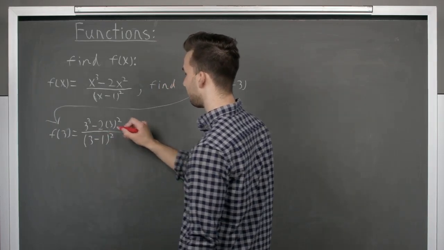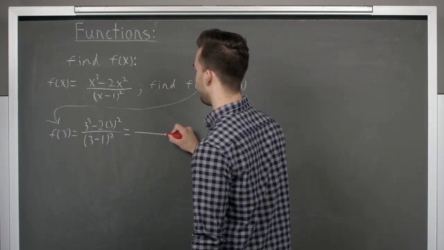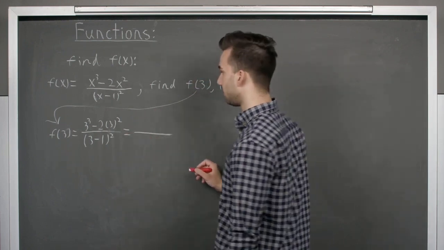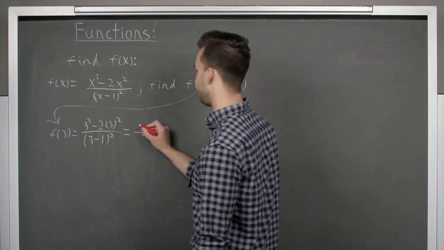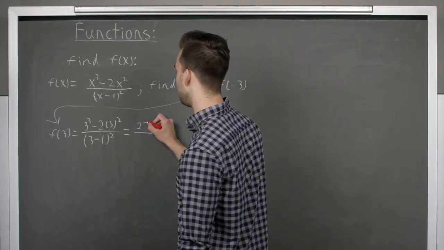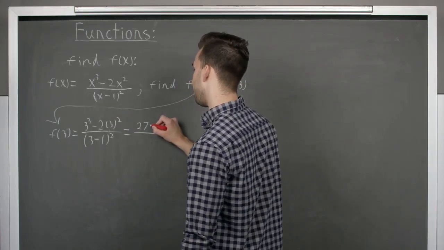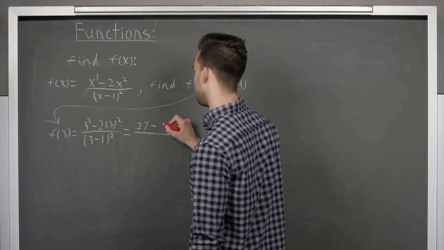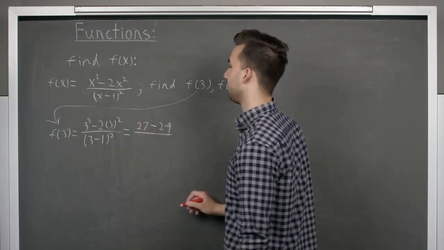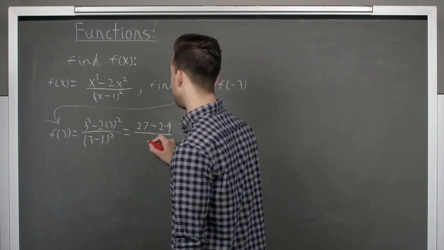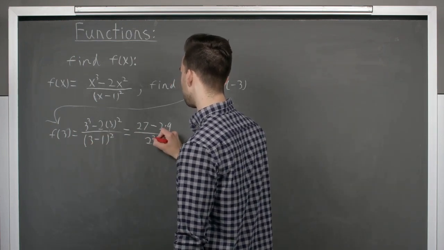So let's just simplify this. On the top, we have 3 cubed is, well, 3 times 3 is 9, and then 9 times another 3 is 27. So 3 cubed is 27, minus 2 times 3 squared, which is 9, so 2 times 9. And on the bottom, we have 3 minus 1, which is 2 squared.